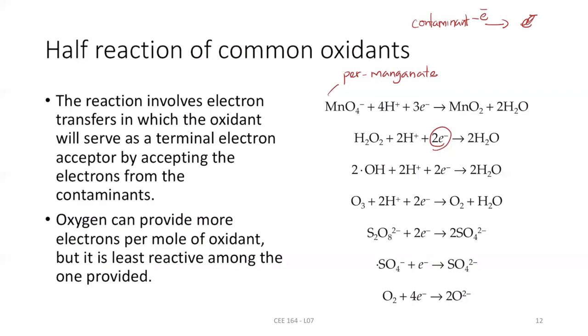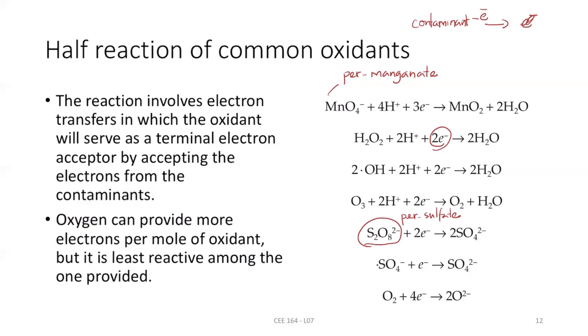So that means if you are comparing, let's say, persulfate, if you have a choice between permanganate and persulfate, you're always going to use permanganate, because it can receive 3 electrons.